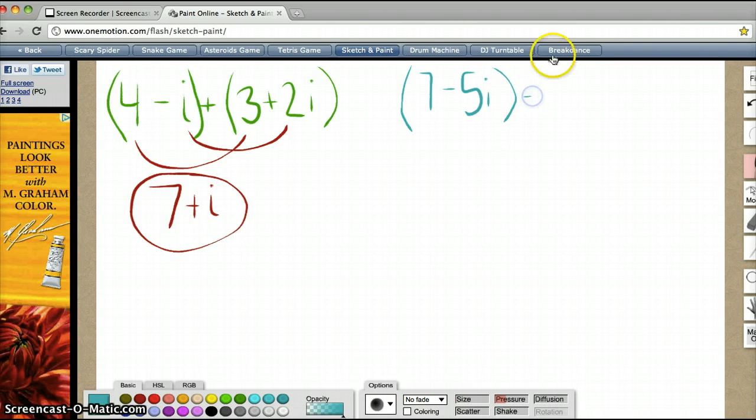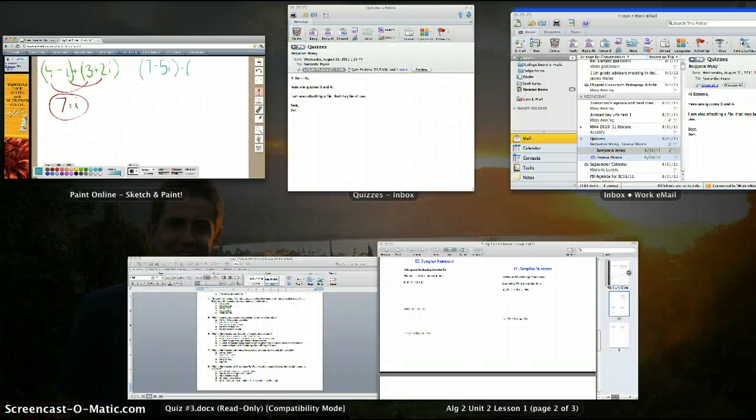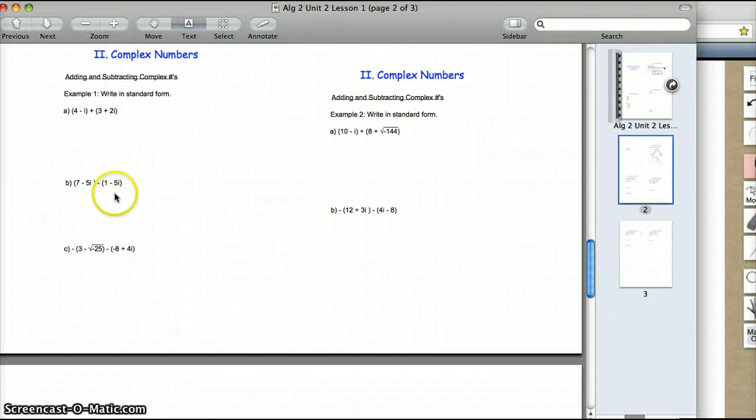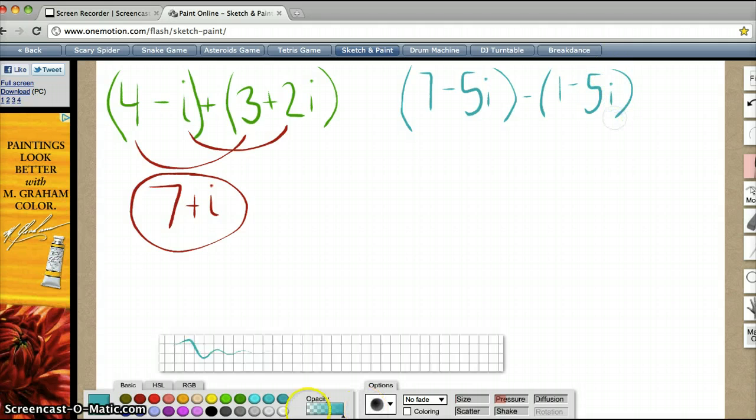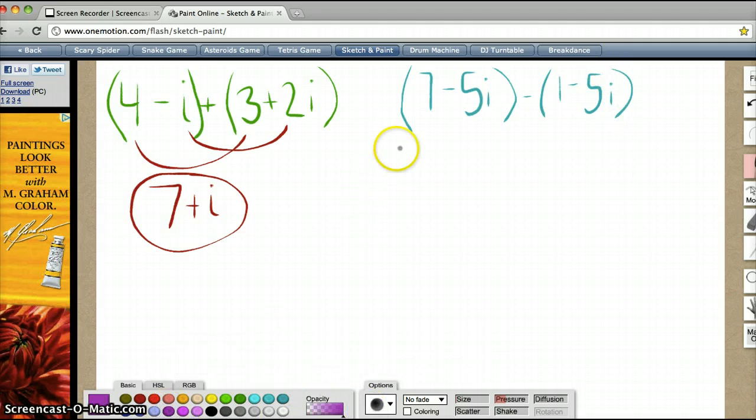All right, so all you're going to do is take 7 minus 1, which is 6, and a negative 5i minus a negative 5i. So we've got a negative and a negative is a positive, so positive. And then a positive 5i plus a negative 5i is 0. So you're simply going to get 6.